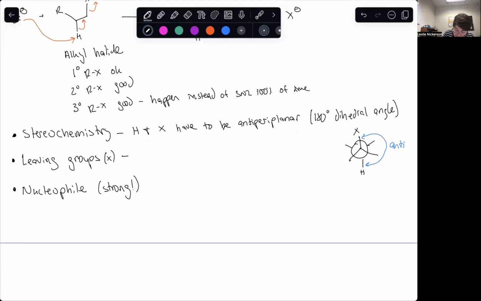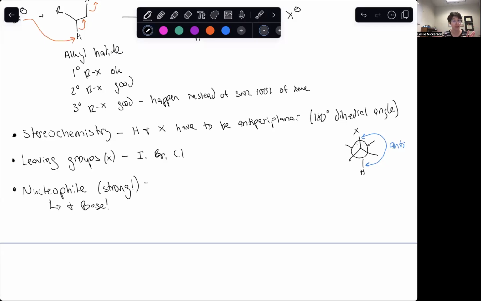For our leaving groups, we're going to have all the same leaving groups here: iodine, bromine, chlorine. For nucleophiles, we're going to see very similar nucleophiles here. It's nucleophiles that can also be bases. We're going to see pretty frequently that nucleophiles and bases have a lot of overlap between them.